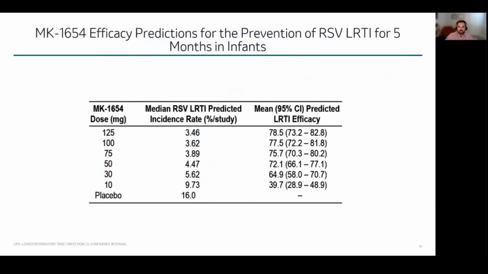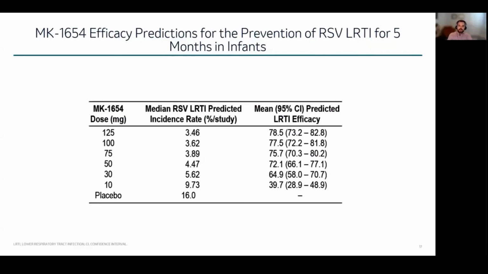So then lastly, having validated that model, we used it to conduct clinical trial simulation to predict the efficacy of 1654 in a phase 3 study. And results from these simulations are provided here in the table, which show that MK1654 is predicted to have high efficacy against RSV in infants for a 5-month duration.